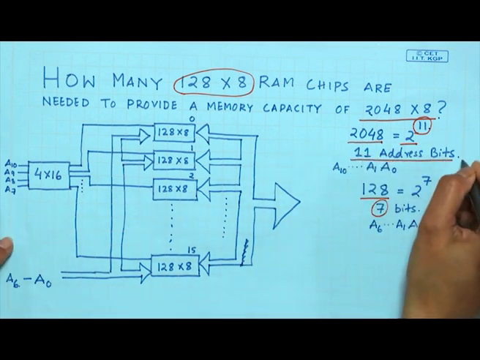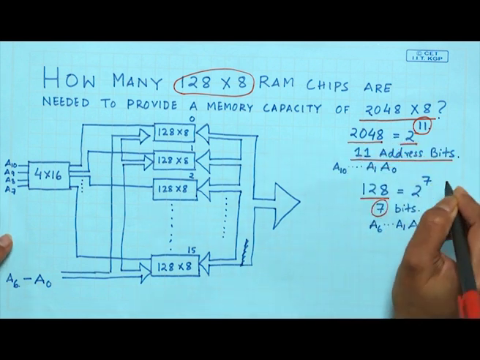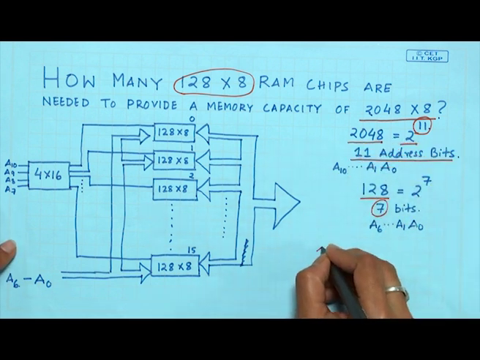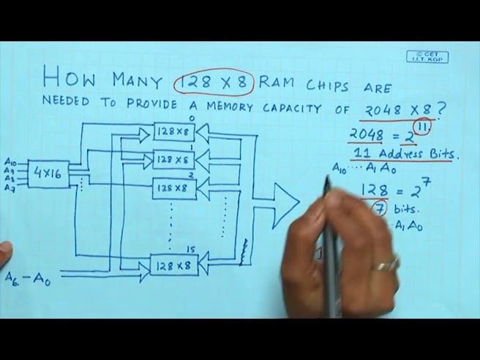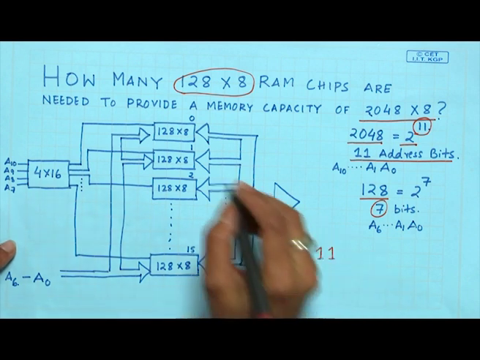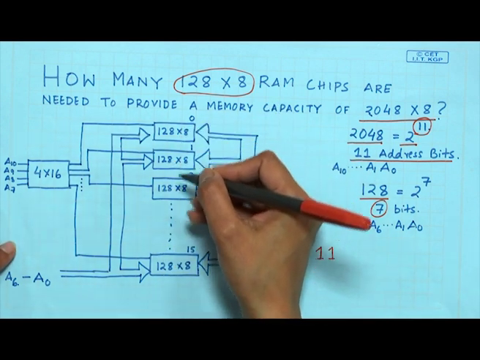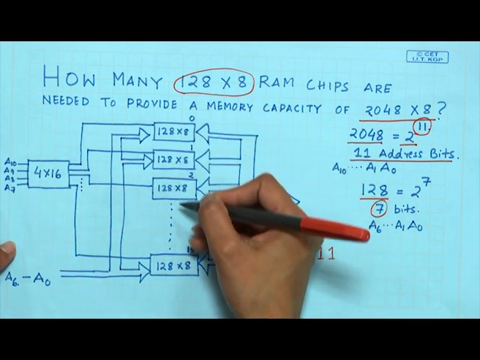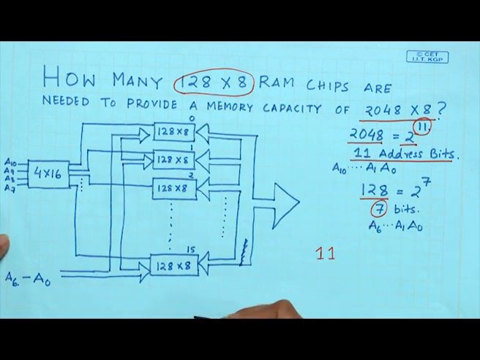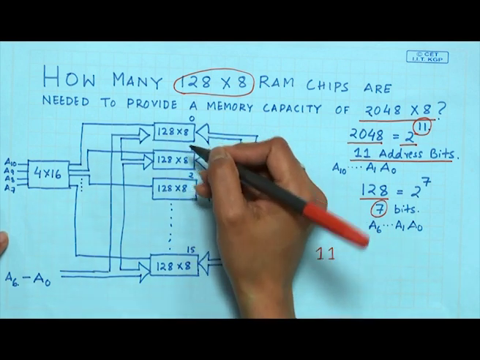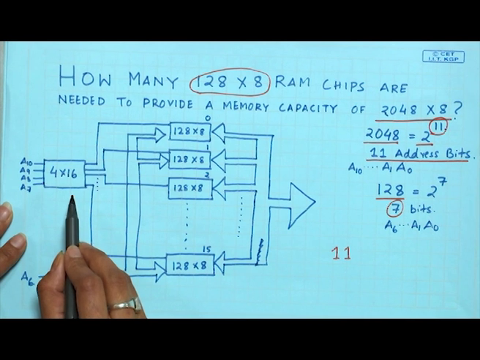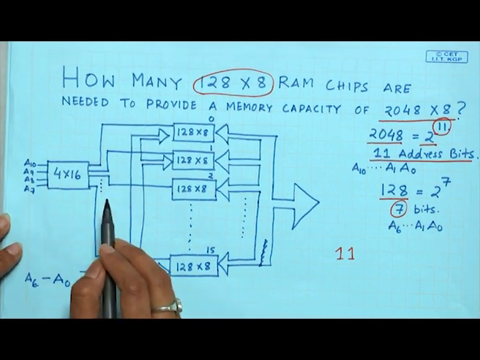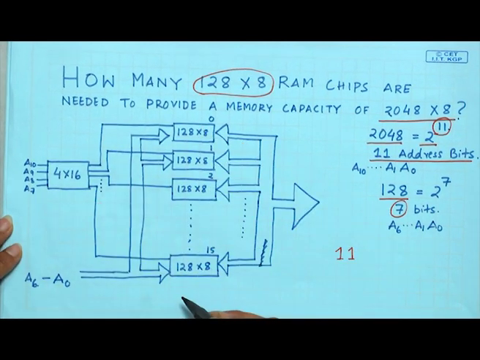How will this total address be divided? We have already seen that the total address is 11 bits. We need to select a particular chip first. How many chips are there in total? We have 16 chips. So, we require a 4 cross 16 decoder to select a particular chip.